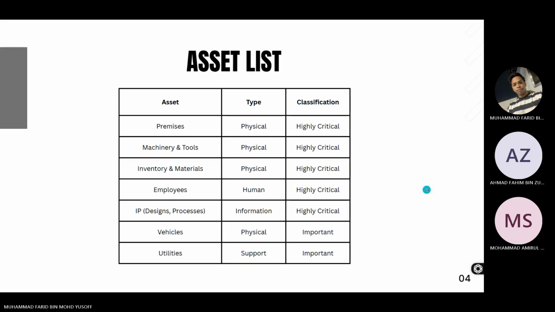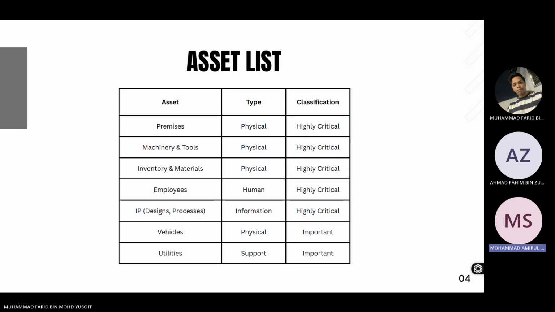So, this is all the asset list in Nur Handy Sdn Bhd: the premises, machinery and tools, inventory and materials, employees, IP, design and processes, vehicle and utility.